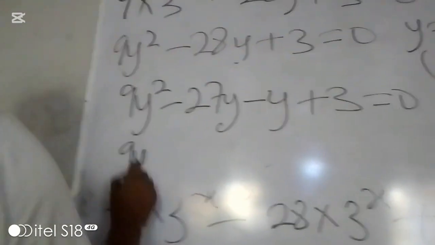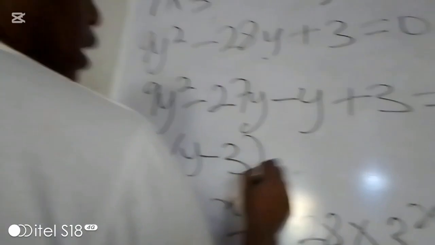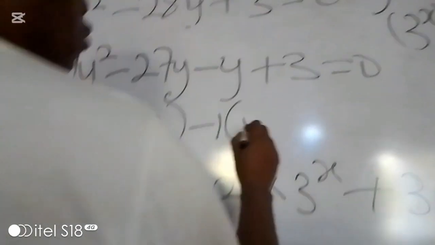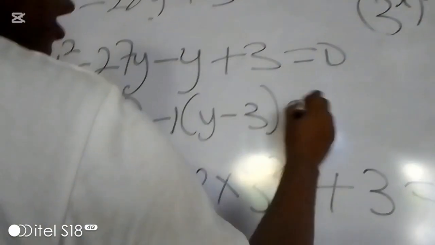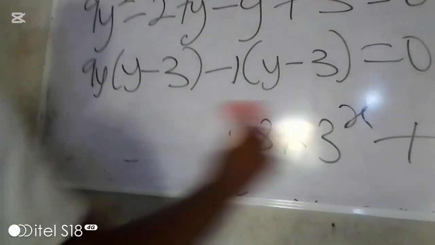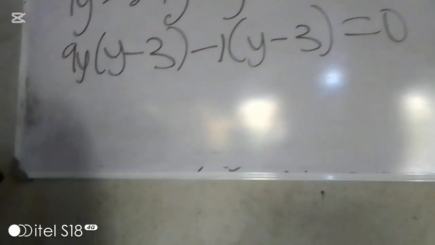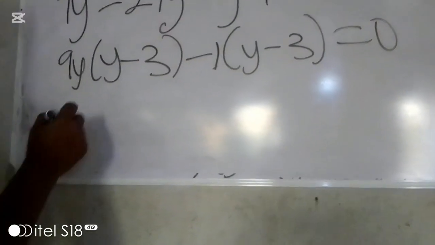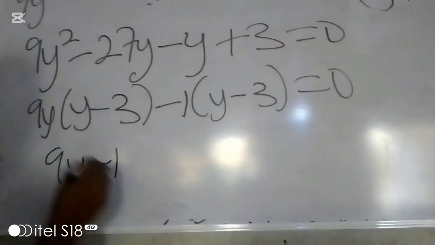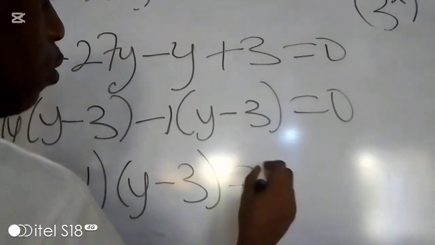This becomes 9y, bracket y minus 3, minus 1, bracket y minus 3, equal to 0. Are you following me? So this becomes 9y minus 1, bracket y minus 3, equal to 0.